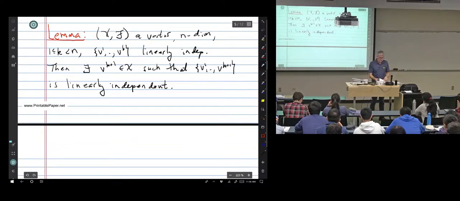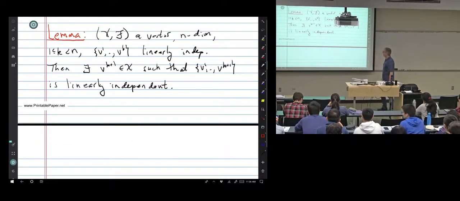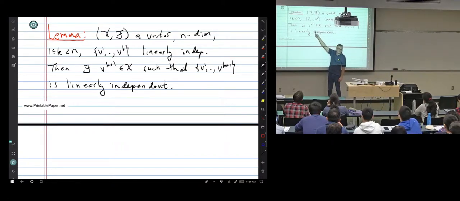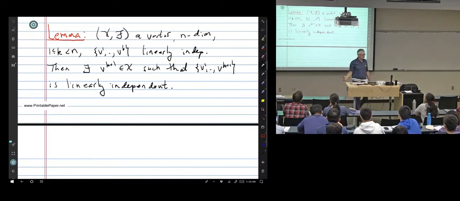Okay, so I can always add one more. So you guys see how the proof by induction goes, right? I can add one more, then I can add two more, then I can add three more. Eventually I can add up to n minus k more, and then I filled up my vector space.